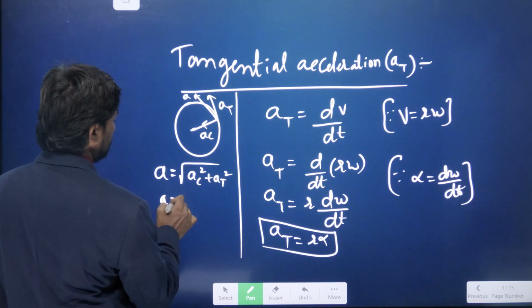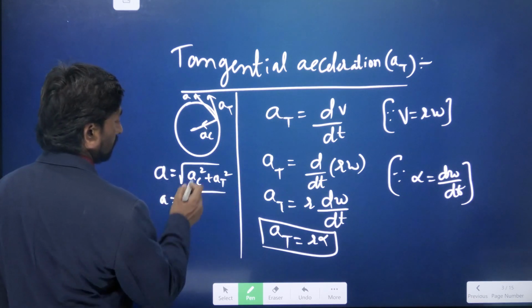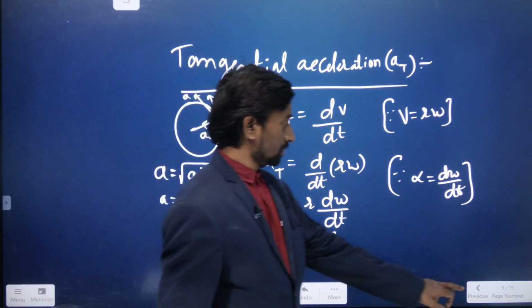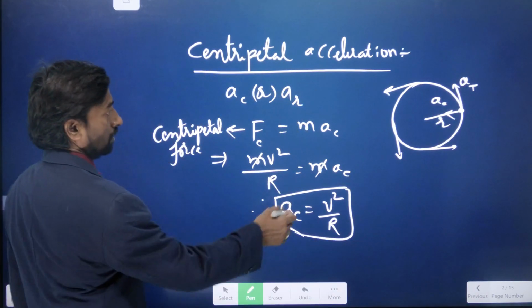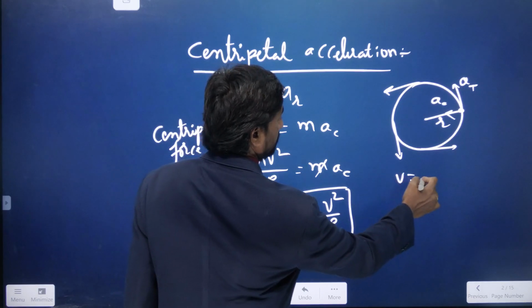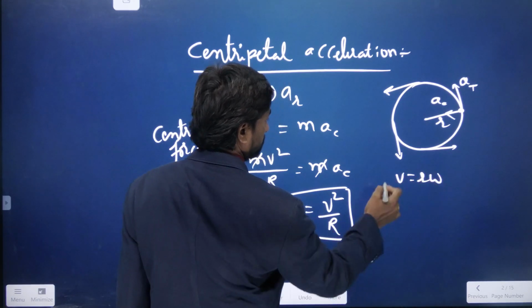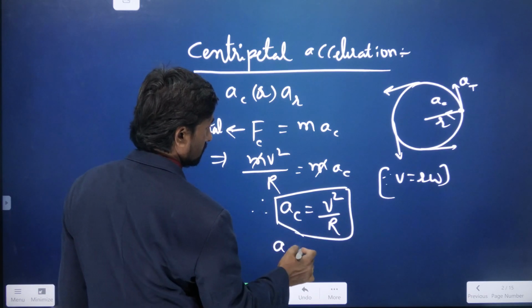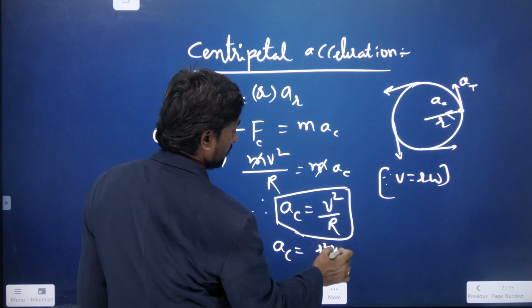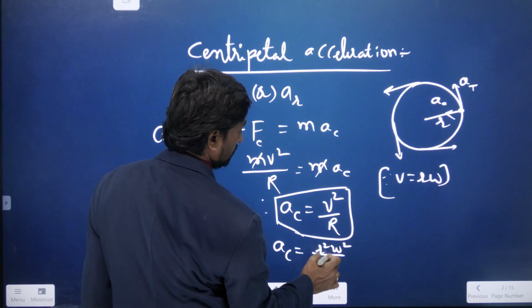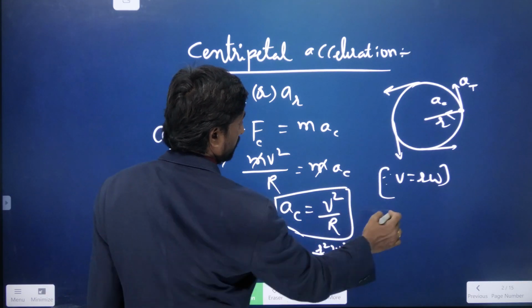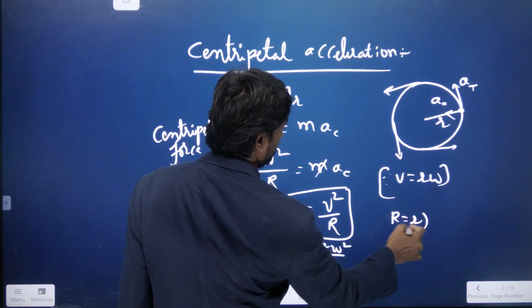Now AC, what we got here, was v square by r. In the previous equation we already know that v is equal to r omega. If you substitute this here, the centripetal acceleration becomes r square omega square divided by r, where this r is the radius, a small r.